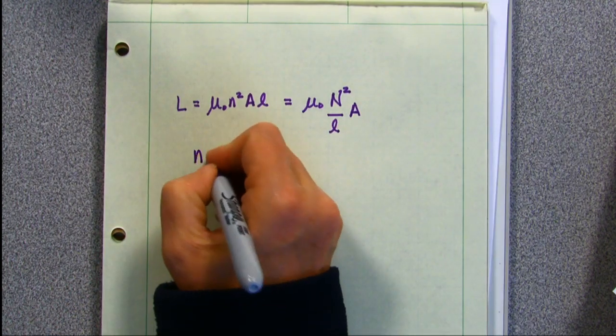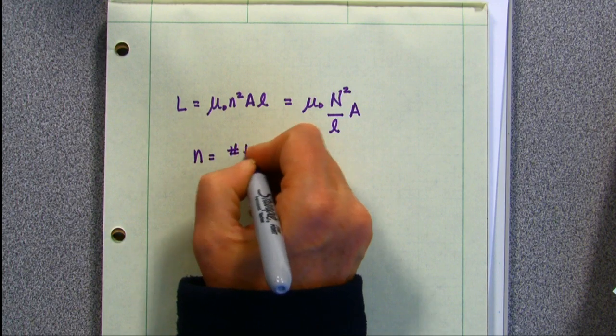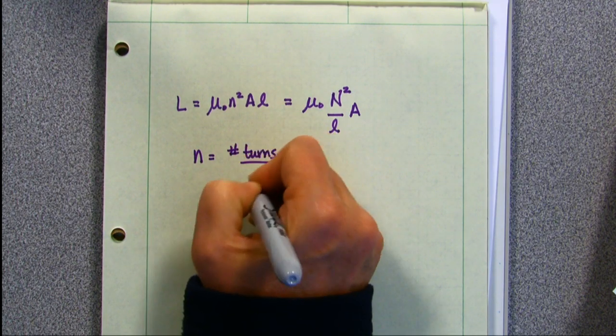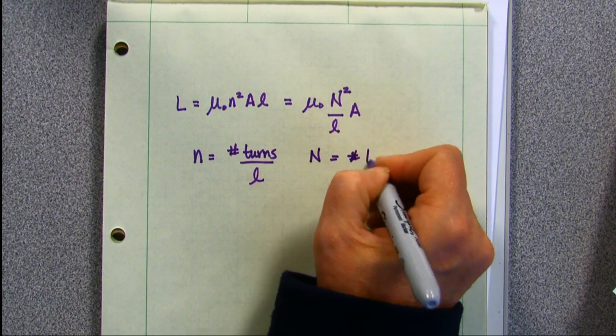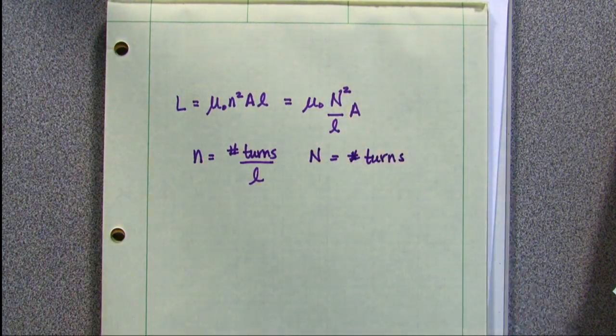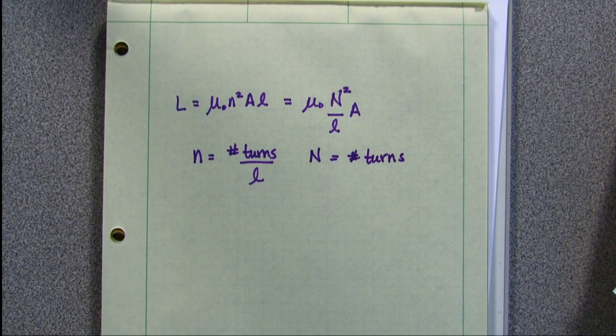Because remember, little n is the number of turns per unit length. N is just the number of turns. So you can have either of those expressions.